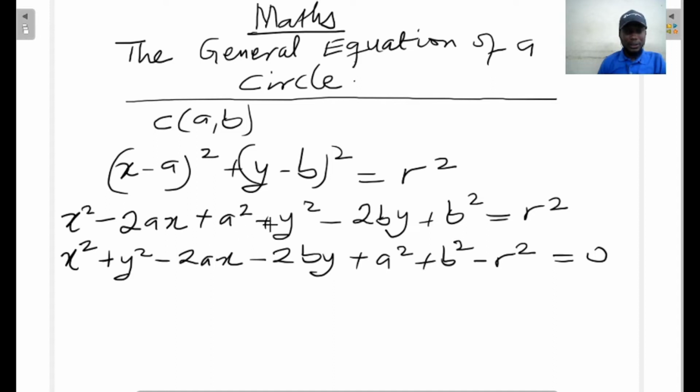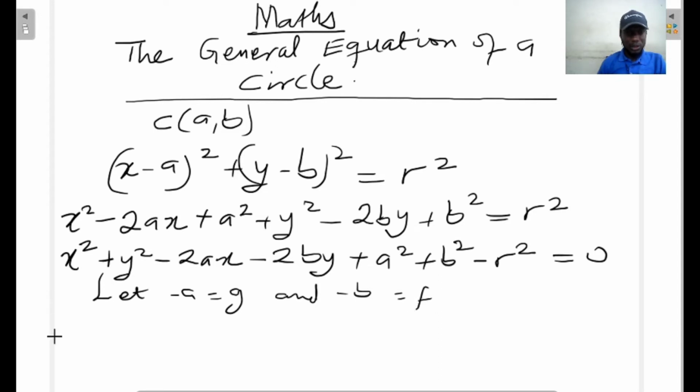Now at this stage, we are going to replace negative a by g. Let negative a be equal to g and negative b be equal to f.